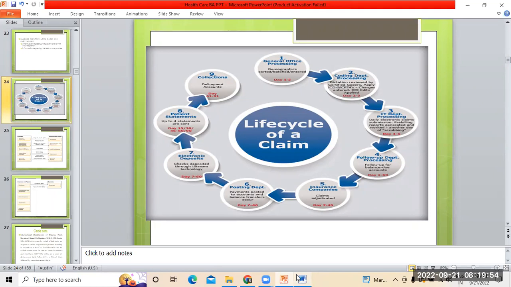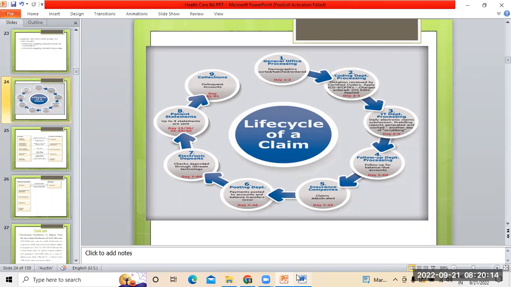In the submission process, they have to see the reports, like pre-billing reports, followed by any additional information in reference to the discharge.